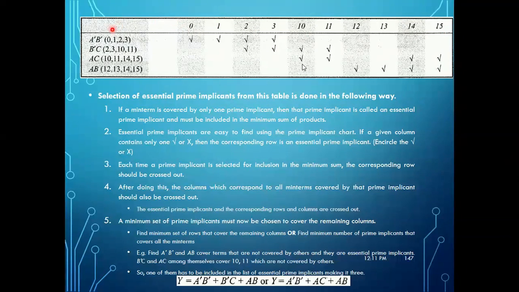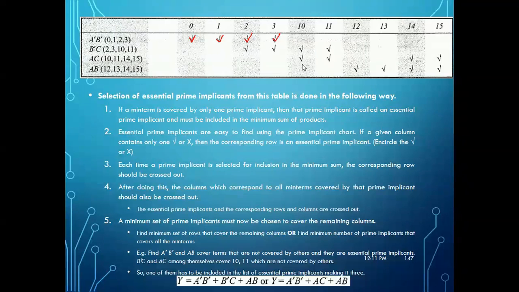After that you have a bar b bar with minterm values 0 1 2 3. Using those values you can now put a tick mark here. a bar b bar represents 0 1 2 3, so that's why I tick here 0 1 2 3.